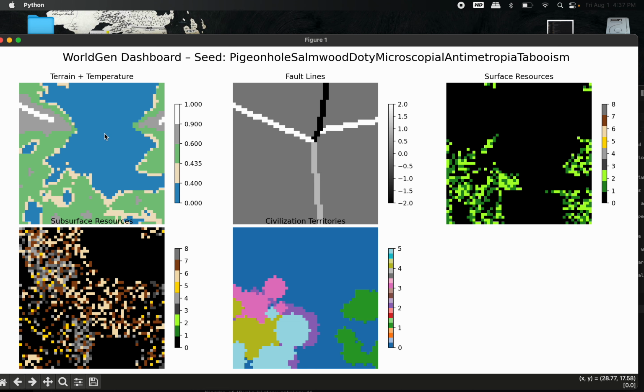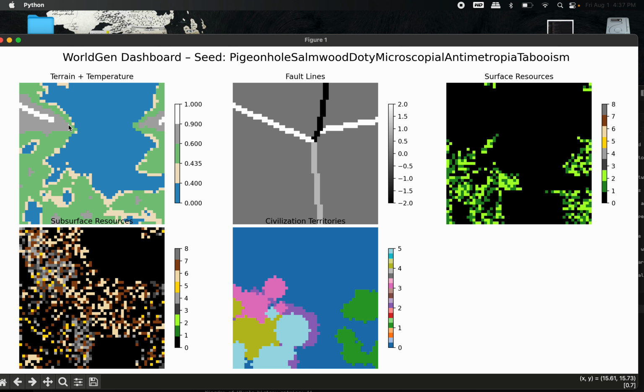Then, using Perlin noise, I generate a random blanket of altitude values. With that and the fault lines, I overlap the two. I have this Perlin noise, but if it's near a converging line, it's more likely we're going to push that altitude up, and if we're near a diverging one, we're going to push it down.